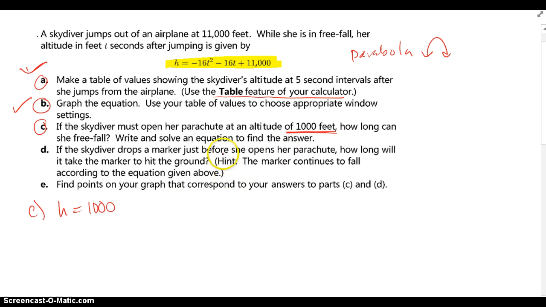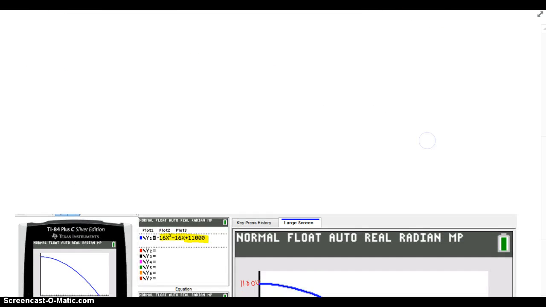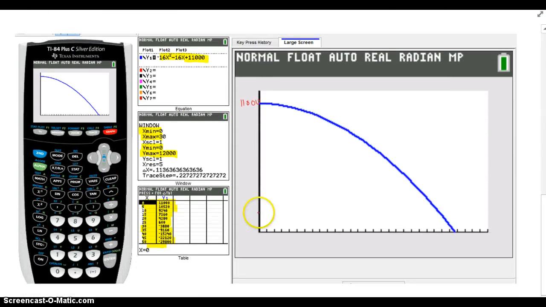We want to know for how long she can free fall, so we're interested in the time that it's going to take the skydiver to get down to 1,000 feet. The skydiver's coming down, coming down, coming down, and 1,000 feet is, let's say, right there. This is the time we're looking for.